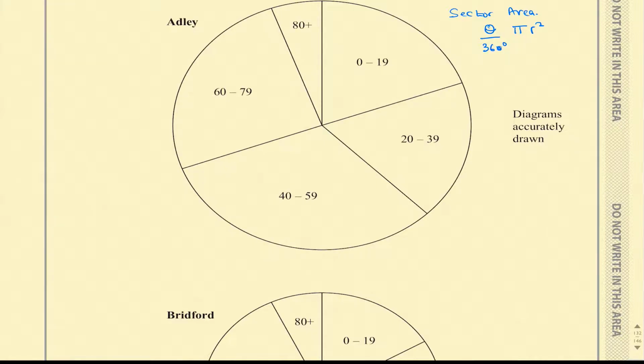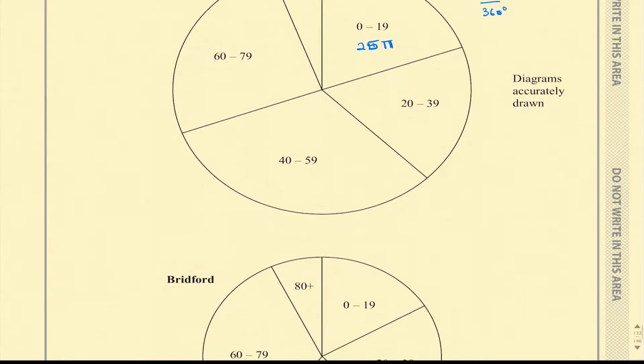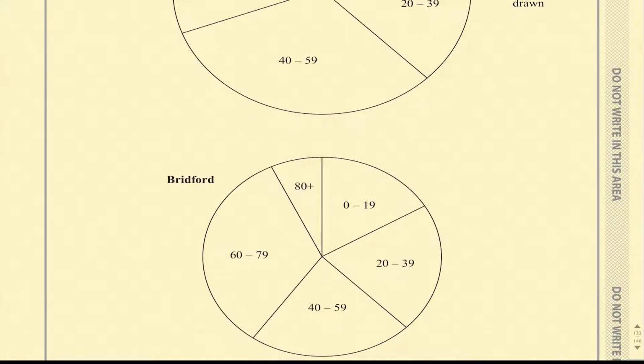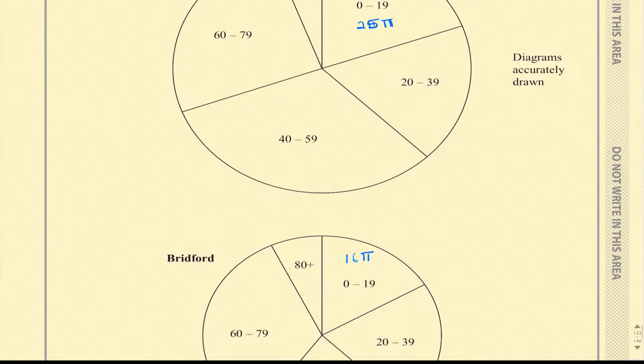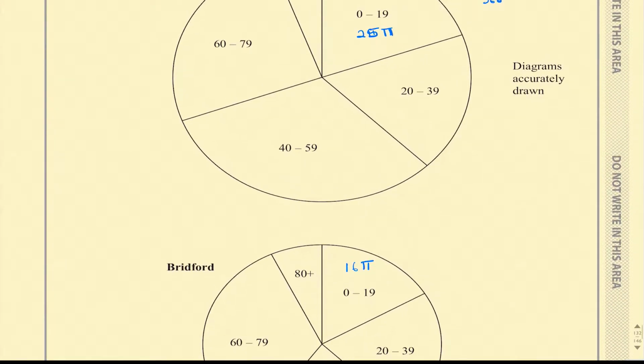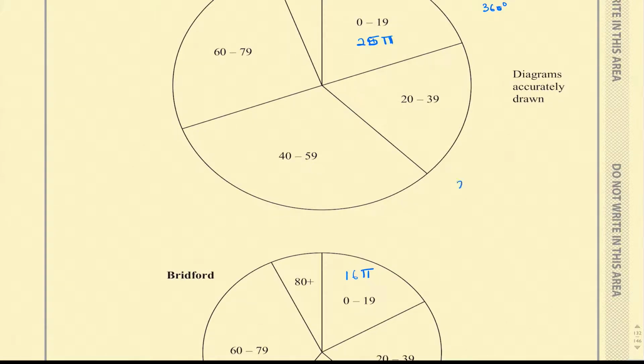So this A turned out to be 25 pi. And the B here turned out to be 16 pi. So the total area from these two is 25 pi plus 16 pi, which is 41 pi.